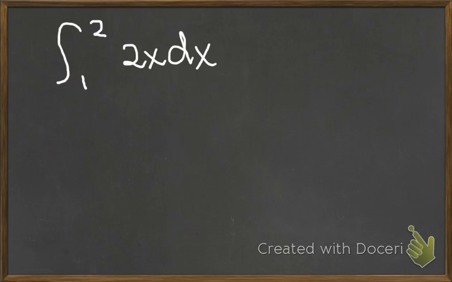Let's look at an example to put this into practice. What if I wanted to evaluate the integral from 1 to 2 of 2x dx? The first thing I have to do is find the antiderivative of 2x, which is x squared. We use this vertical line to say I'm going to evaluate that between 1 and 2.